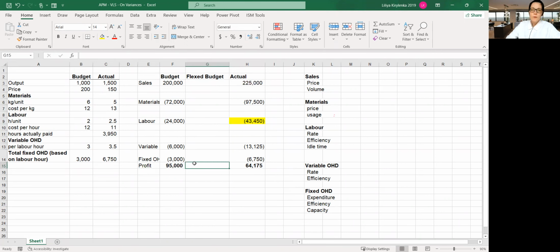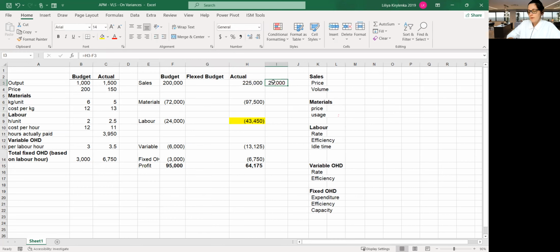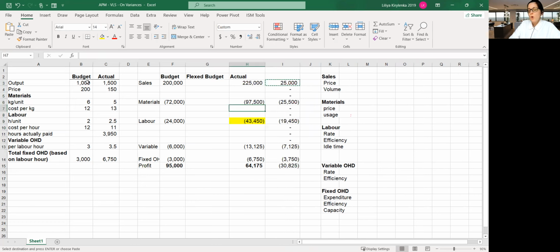Okay, now we want to appraise our managers. And if we just take the difference like that, actual minus budget, it's going to be very demotivating. Why? Well, because we sold 50% more units than we planned: we sold 1,500, whereas we planned to sell just 1,000.